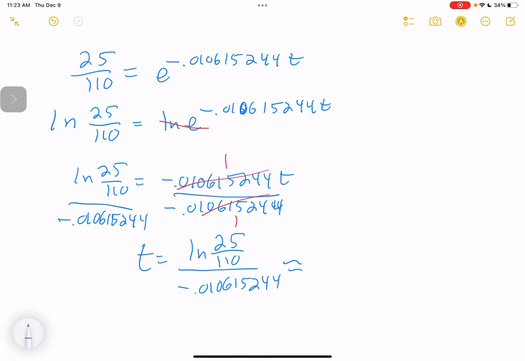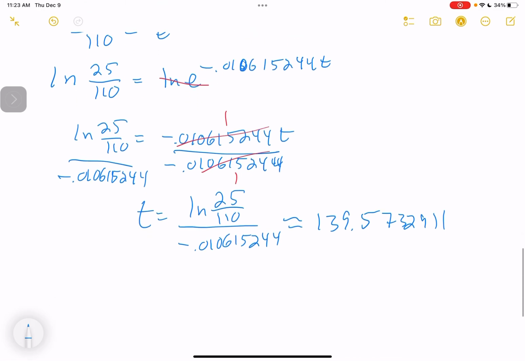And that comes out to be approximately, let me get my calculator because I left it on my calculator, 139.5732911. I'm sure someone in the comments will argue, wait a minute, significant digits.